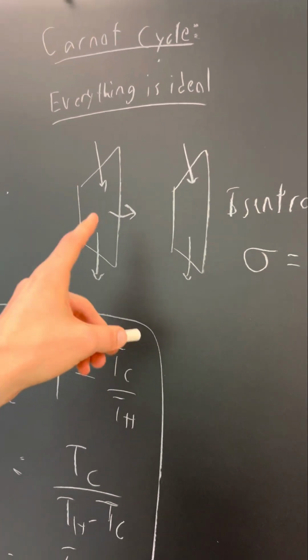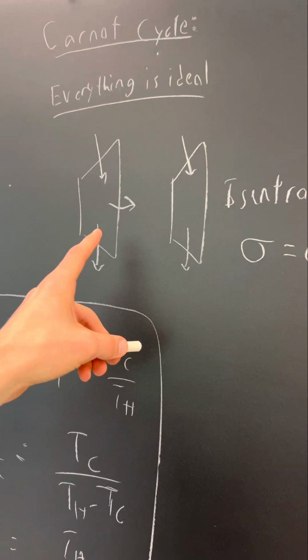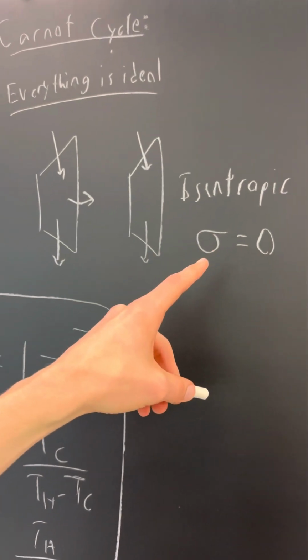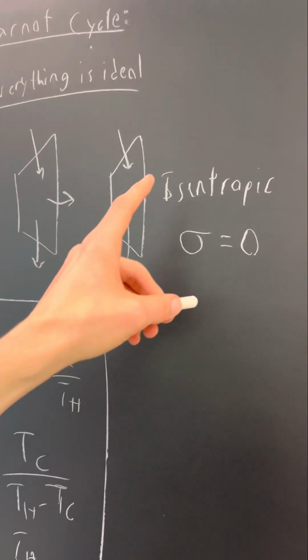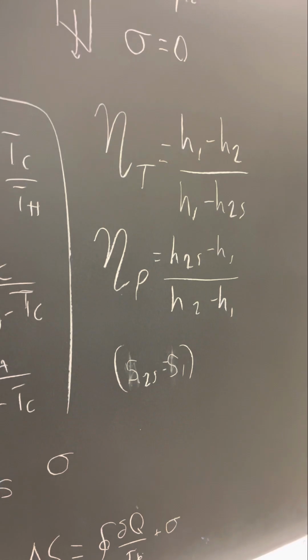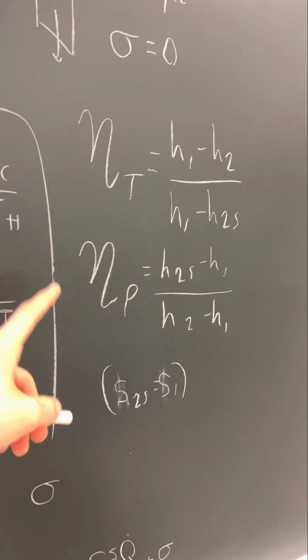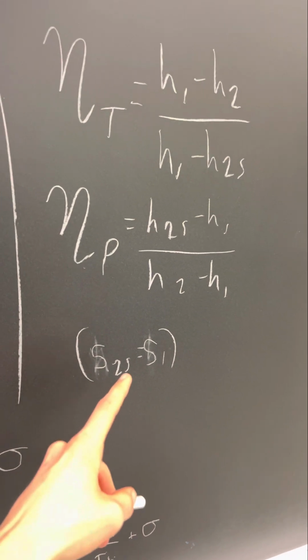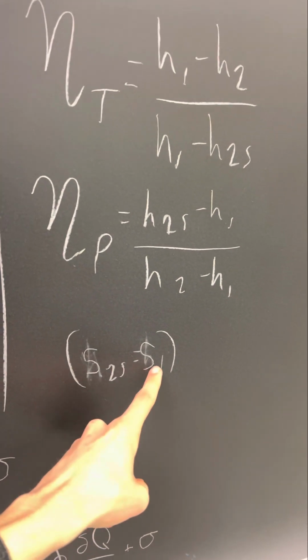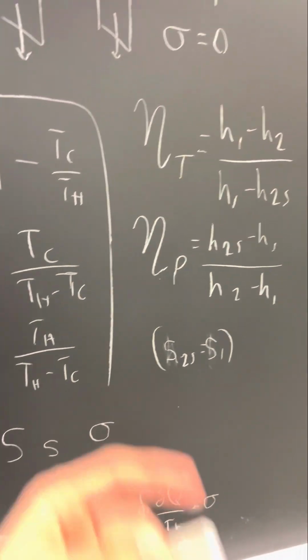We can express how good our real life turbine is by talking about its isentropic efficiency, or how close it is to being perfectly no entropy created. We have these two equations. This is isentropic efficiency of a turbine, and this is isentropic efficiency of a pump, basically where this made up state 2s has the same amount of entropy as 1, meaning no entropy was produced over this process.